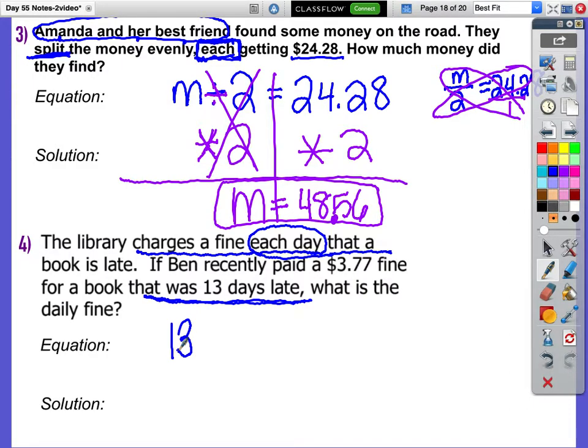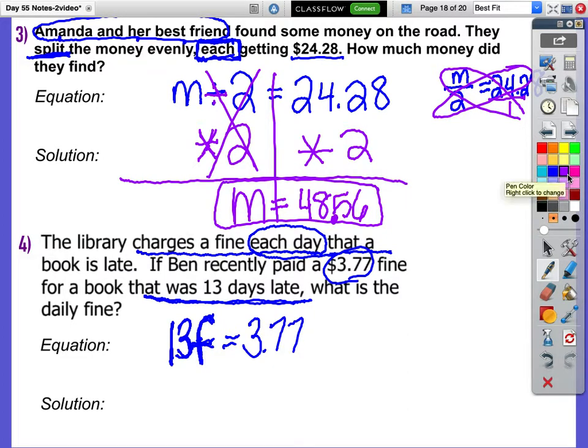And for each day, we'll use F for fine. Now, 13 times whatever the fine is going to equal his total amount that he had to pay to the library. And we actually know what that was. It tells us right here that that was $3.77.